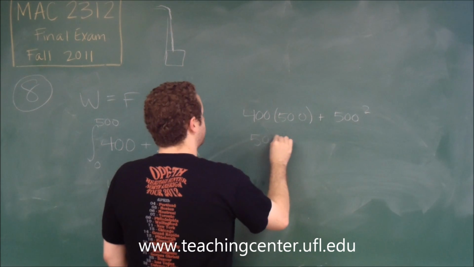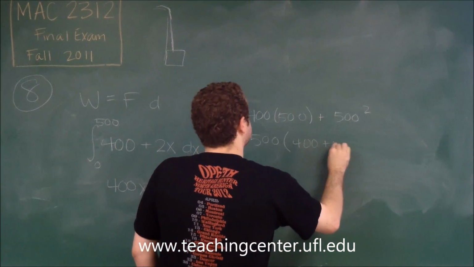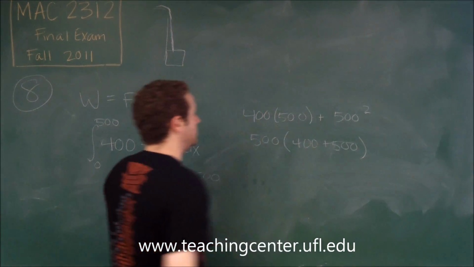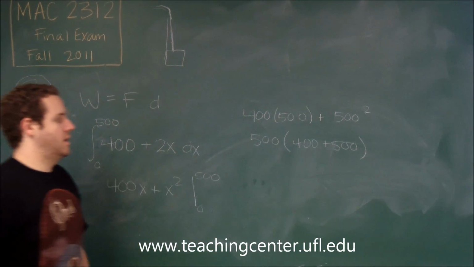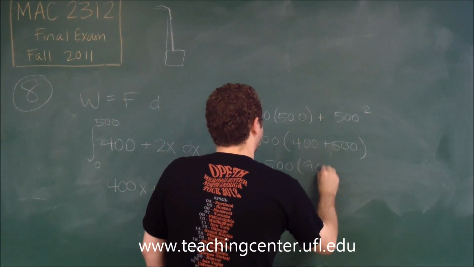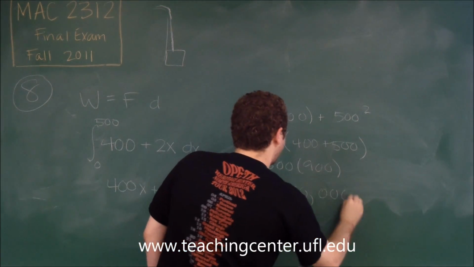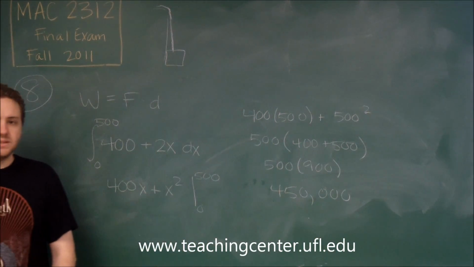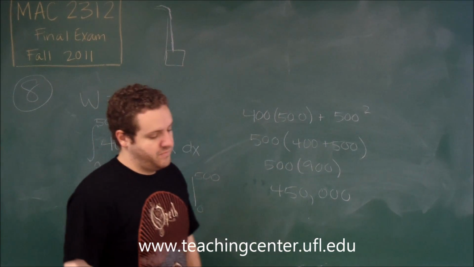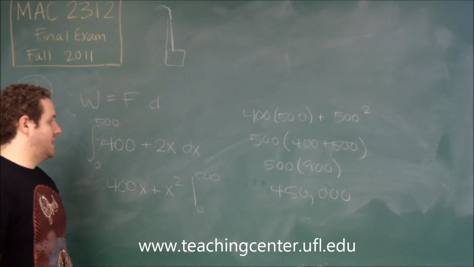One way you could think about this is you could factor it out: 500 times 400 plus 500. So that's 900 times 500, which would give you 450,000. That would be foot-pounds, the correct work unit. So there we go, that's answer choice B.